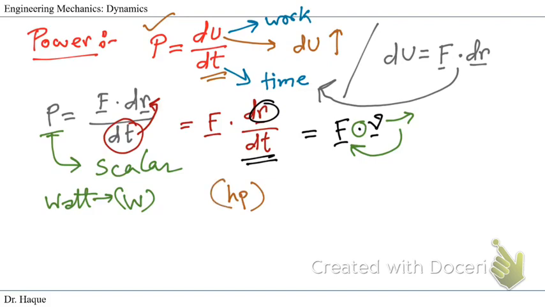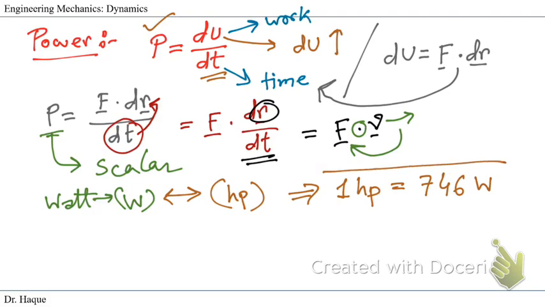What is the relationship between the watt and horsepower? It is defined as 1 horsepower equals 746 watts. This is the conversion from horsepower into watts.